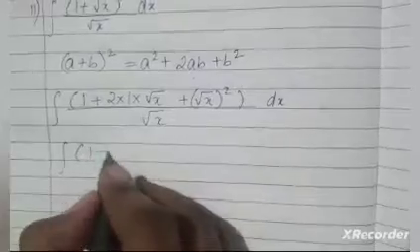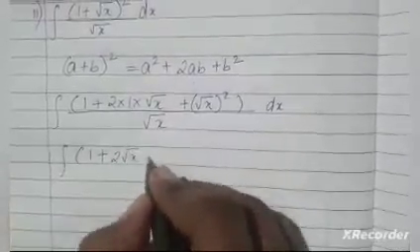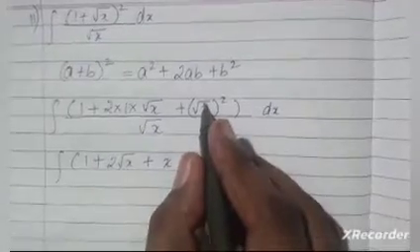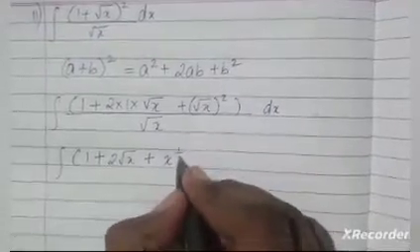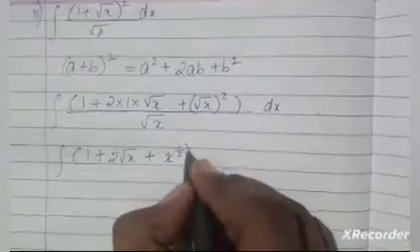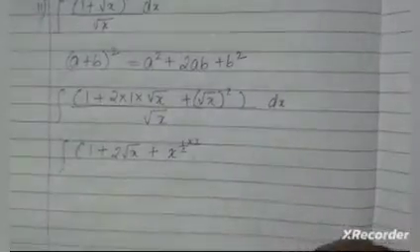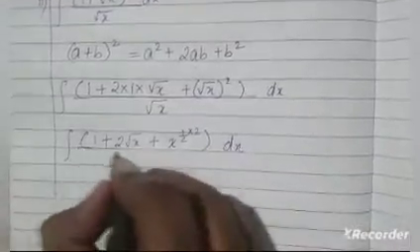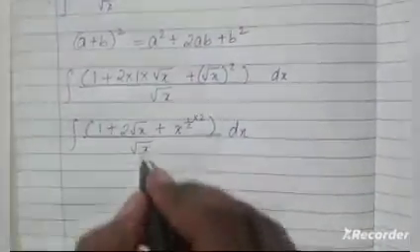Simplifying further, 1 plus 2 root x plus x, since this x is under root it will be 1/2 into 2, dx whole divided by root x.